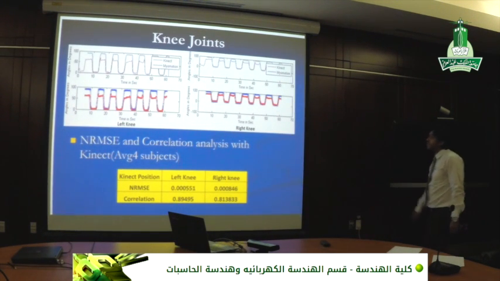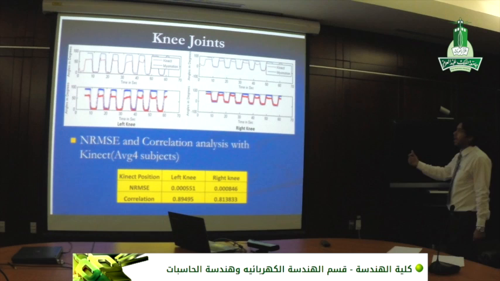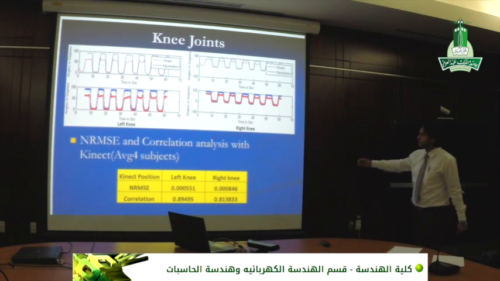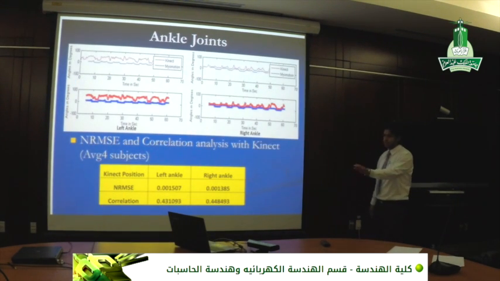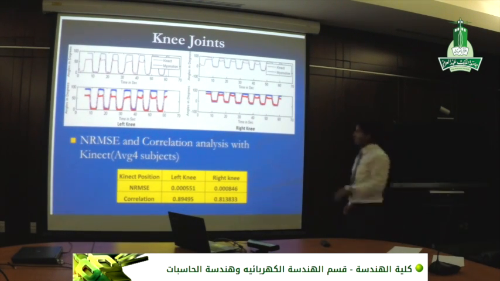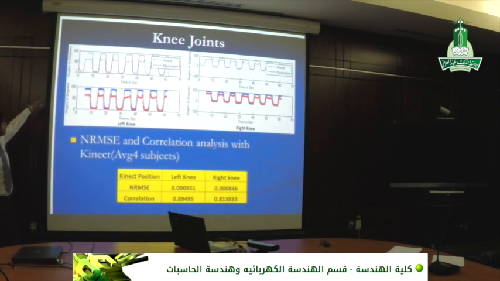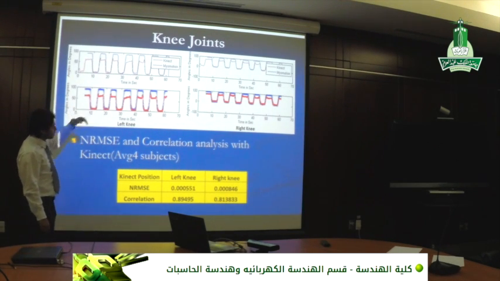As we see for the knee joint, the correlation is really good for the Maya motion and the Kinect. These are the average values. The correlation values for the Kinect and the Maya motion are quite visible, and they follow the same path.